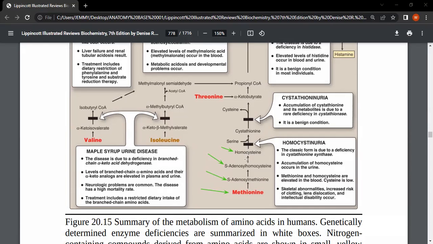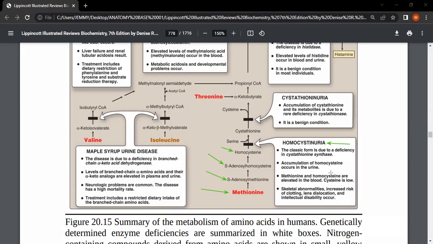Now, the reaction of homocysteine to cystathionine, where we added serine, the cystathionine beta synthase reaction, if you have deficiency of that enzyme, you will have homocystinuria. You will not be metabolizing homocysteine, so it will accumulate. That is homocystinuria.